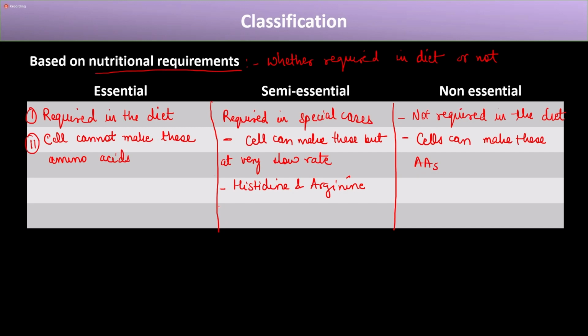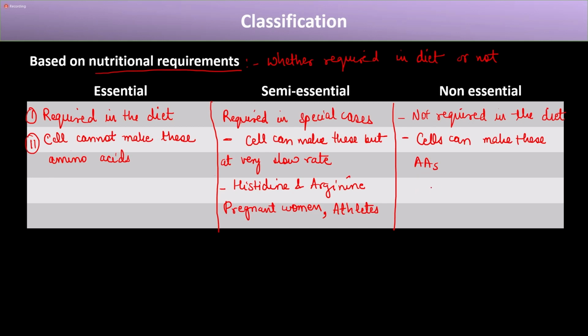Hence, in certain cases, for example in pregnant women, these amino acids are given as a supplement from outside. Athletes, because they do very heavy exercises, also get them supplemented from the outside. In these cases, these amino acids are required to be given from outside.